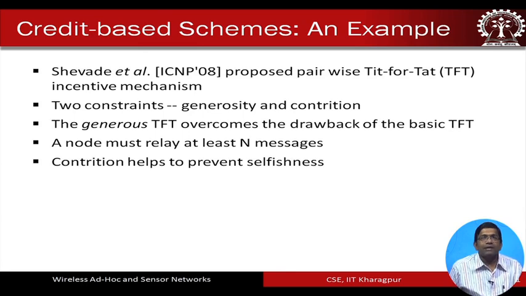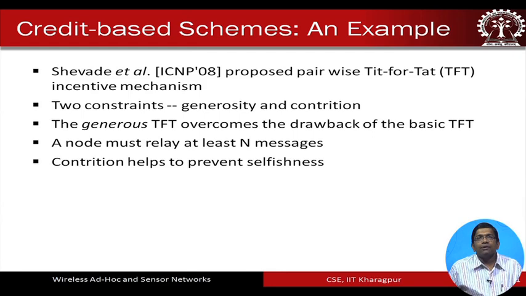Credit based schemes, again the name says it all. One of the examples of credit based scheme is the tit for tat incentive mechanism. Tit for tat means that it is a very simple kind of mechanism.